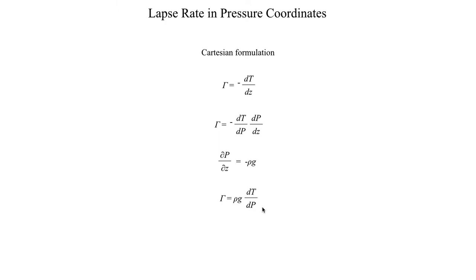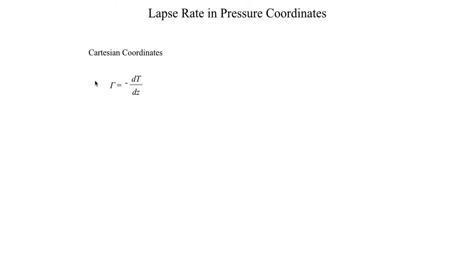Just like what we did in segment 2, when we looked at how the vertical velocity changes when you go from Cartesian coordinates with w to pressure coordinates with omega, let's see how these values are related by looking at an example profile of temperature. First let's look at the standard Cartesian formulation, so that we get a baseline of what's going on.